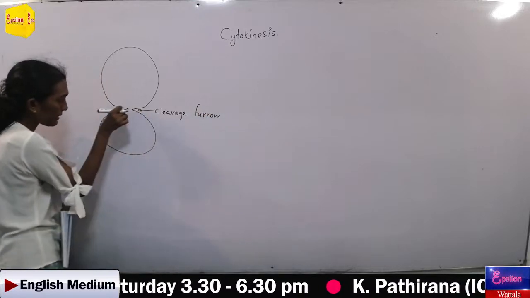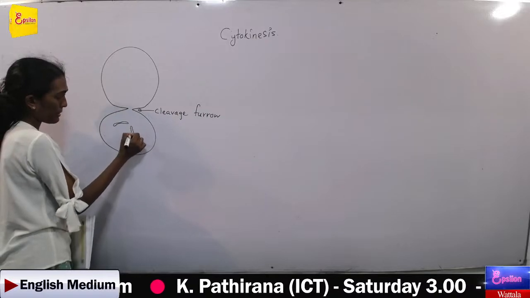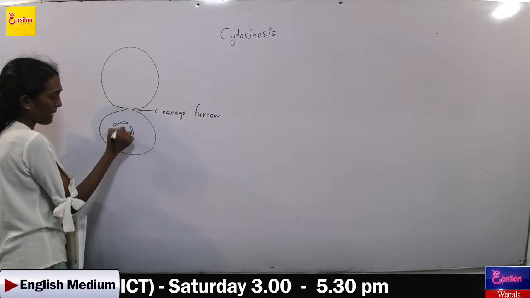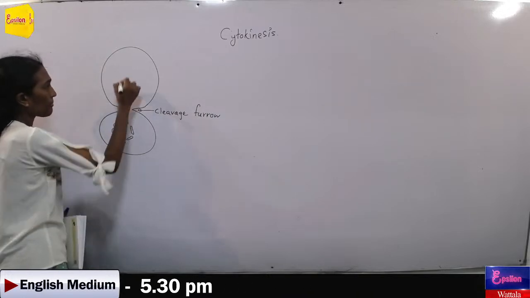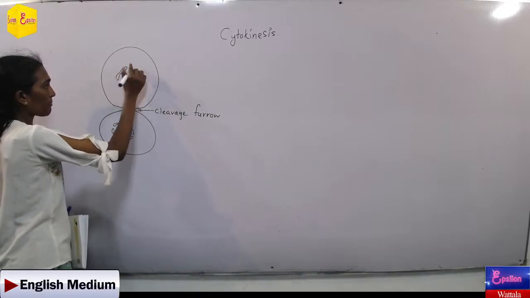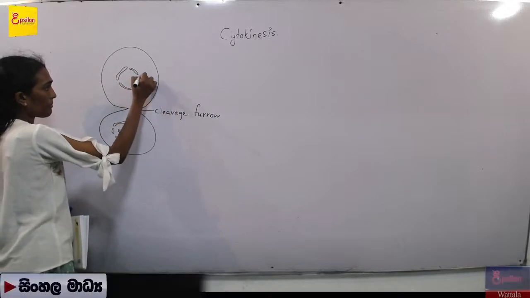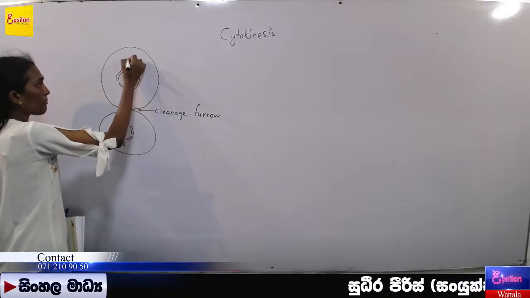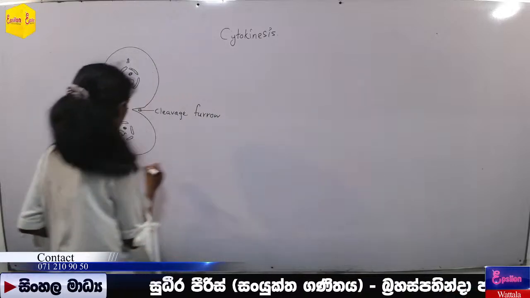From that, they will bud off two new cells. Two daughter cells are genetically identical to each other as well as to their parent cell. You can draw two separate cells as well. That's also fine. This is in an animal cell.